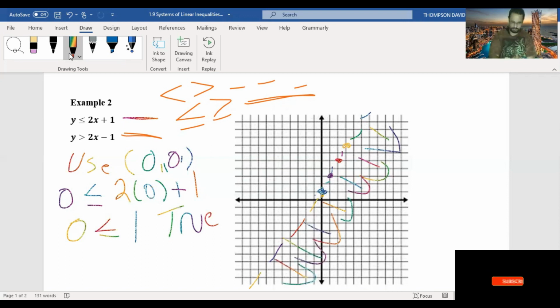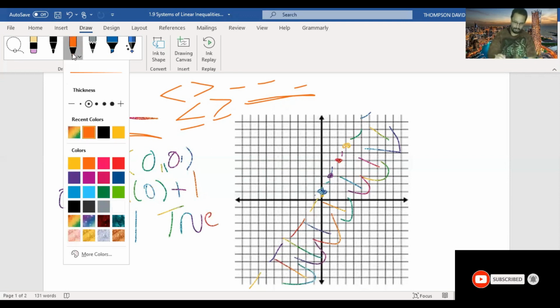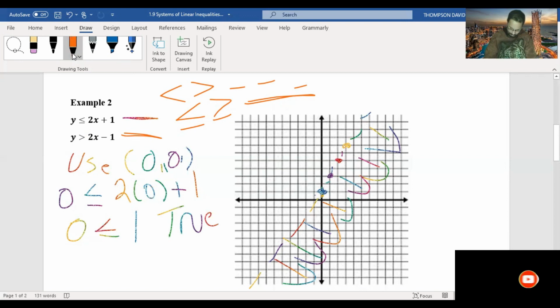Now we want to deal with y is greater than 2x minus 1. So we graph the negative 1. And we're going to go up 2 over 1, up 2 over 1, up 2 over 1.